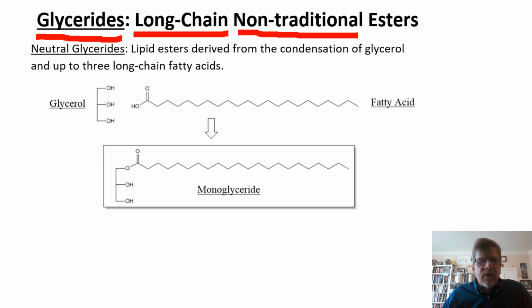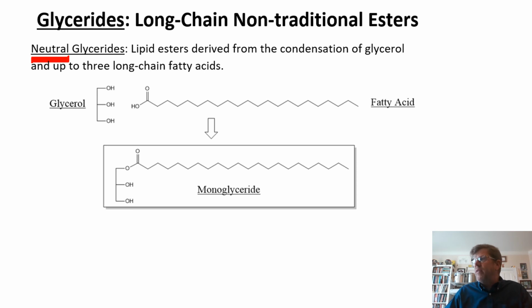Indeed, we're going to start our discussion of glycerides with what are called neutral glycerides. Neutral glycerides essentially means that they are neutral when we look at them, which should, for many molecules, go without saying. They don't have charges on them, positive or negative.